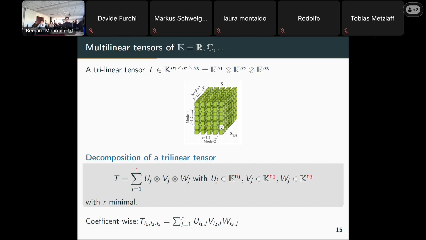In terms of coefficients, this is just saying that T_{i1,i2,i3} is the sum of u_{i1,j} v_{i2,j} w_{i3,j}.